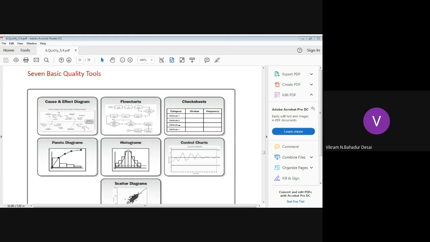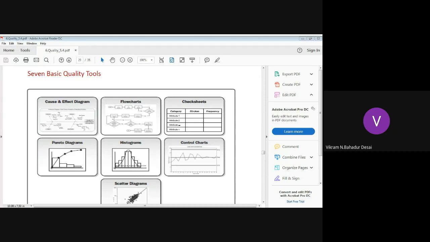Within 15 minutes, you screen record yourself, and you have to submit a YouTube link in Canvas. By any other mode, I am not going to accept the project. It has to be through Canvas only. Just write a comment with your name and paste your YouTube link. That's it. No need to submit any report.